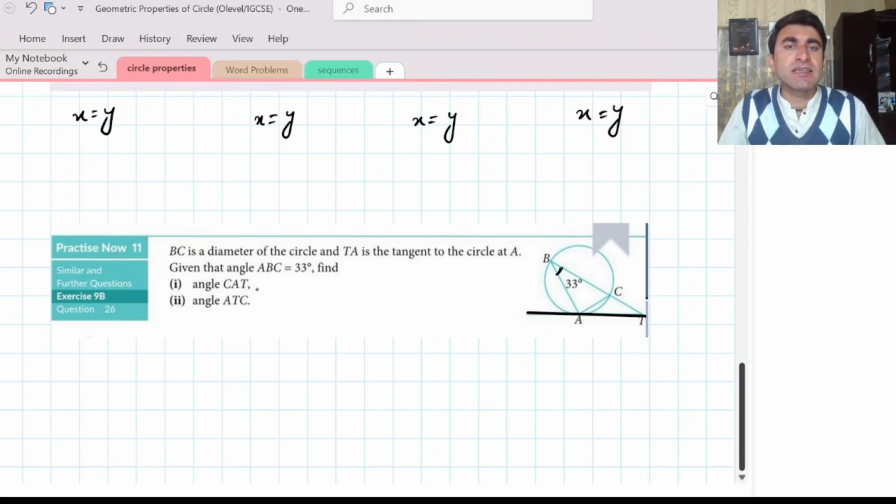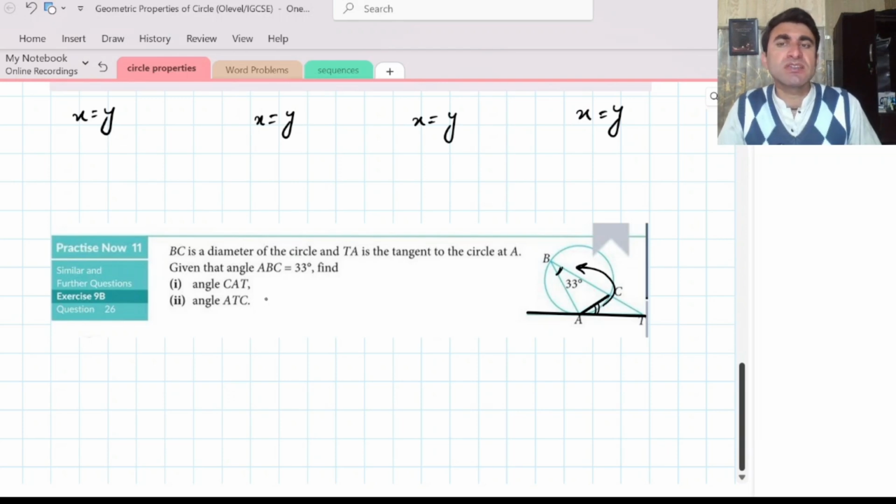Find angle CAT. Angle CAT is located over here, between the tangent AT and the chord AC. As it is the angle between a chord and a tangent, there must be an angle in the alternate segment, which is 33 degrees, so these are equal.